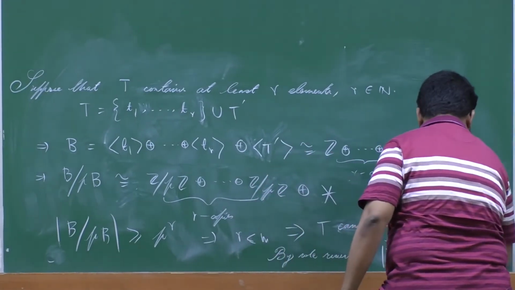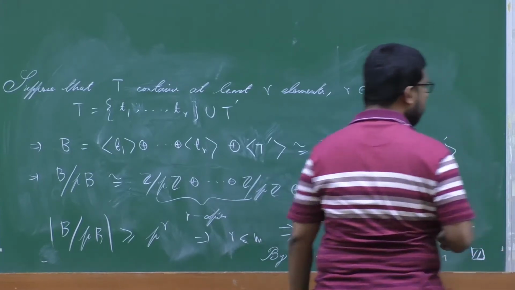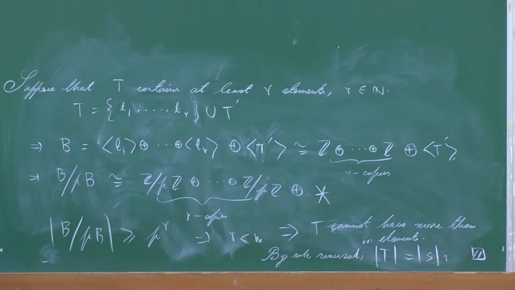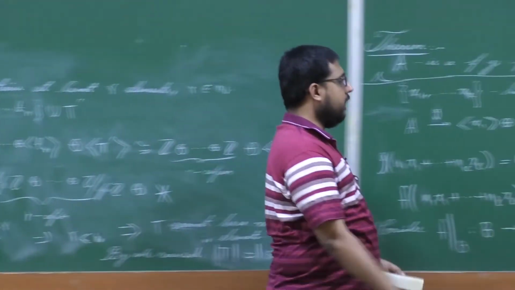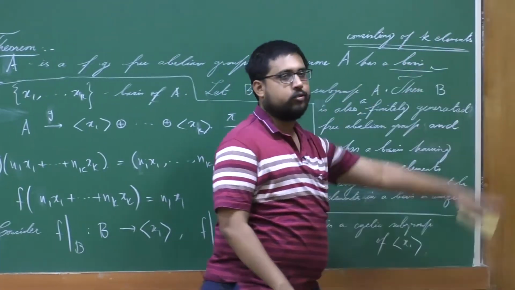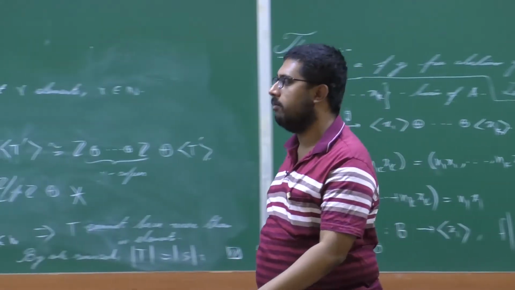This finishes the proof. This is for any B, and of course taking B equal to the whole of A, that also proves that any two bases in A will have the same number of elements.